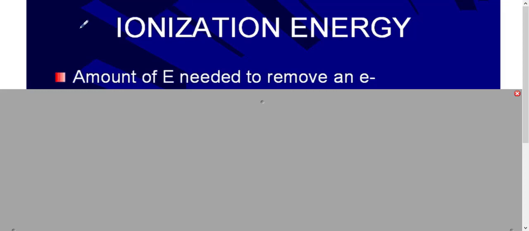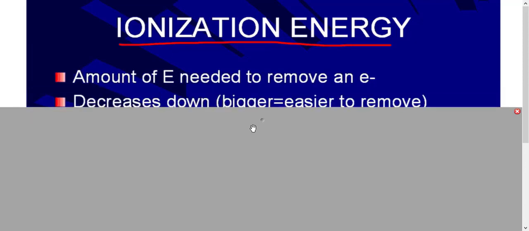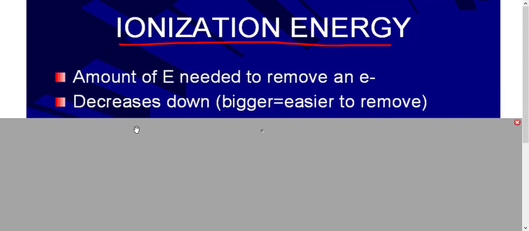All right. Our third trend is ionization energy. This trend is how much energy does it take to remove an electron from an atom. So we're going to look at how that changes as you go from top to bottom on the periodic table and from left to right. As you go down the periodic table, the amount of energy needed to remove an electron is going to decrease.